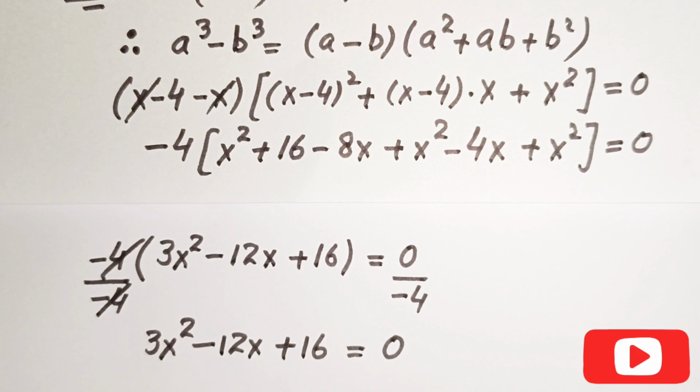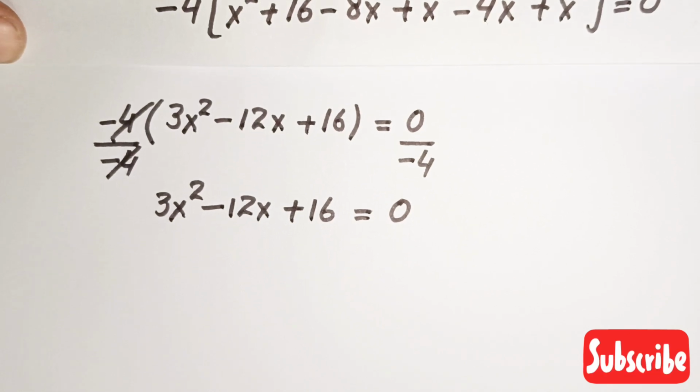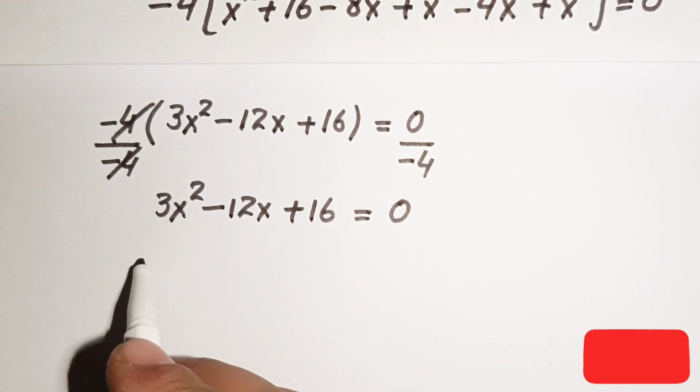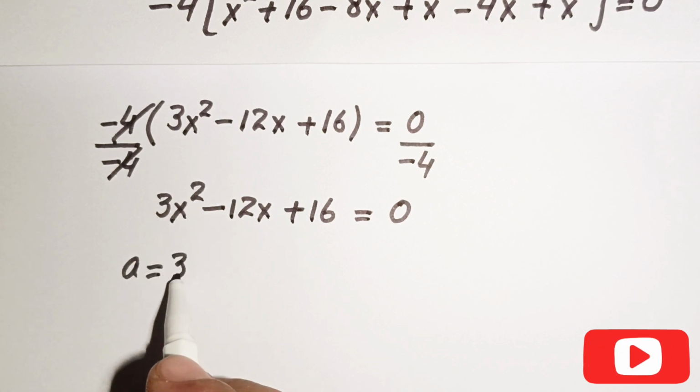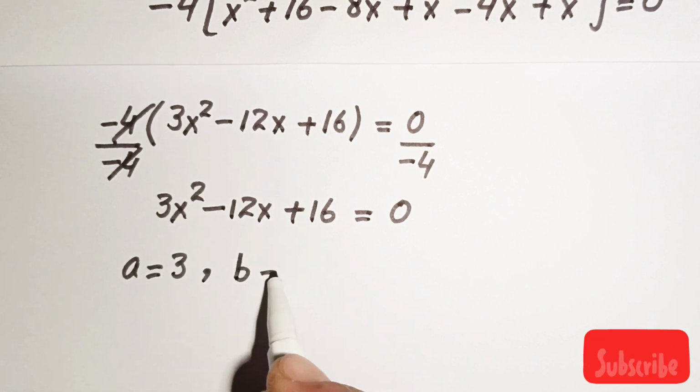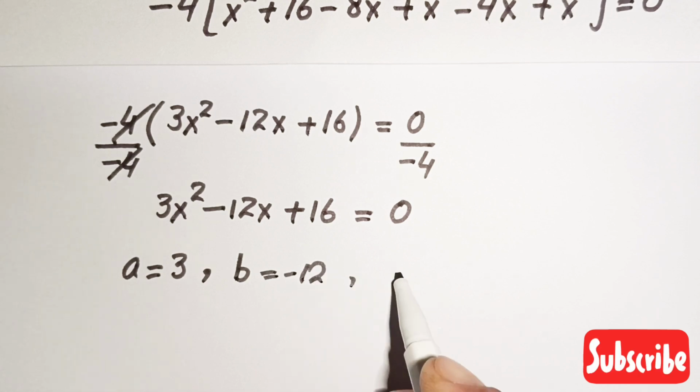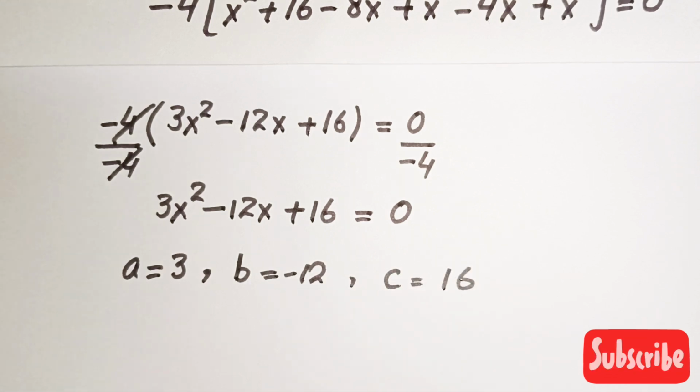So now it is a nice quadratic equation. We have to solve this by using the quadratic formula. So for this purpose we are going to write the value of a, which is the coefficient of x squared, that is 3, b is minus 12, and c is 16.